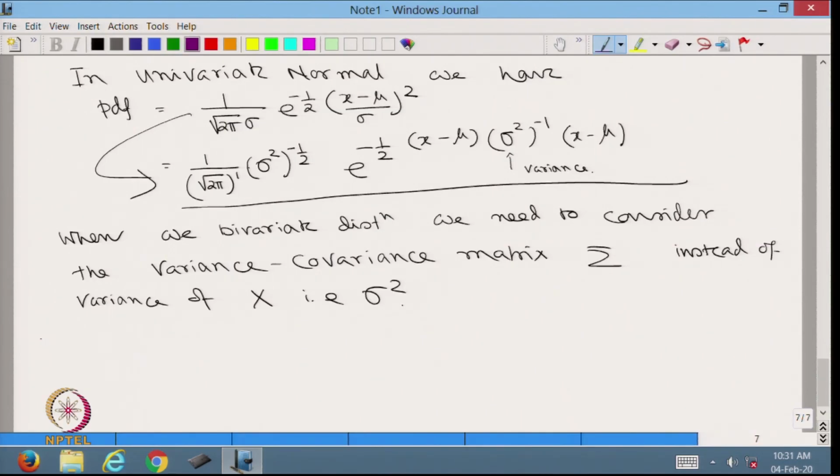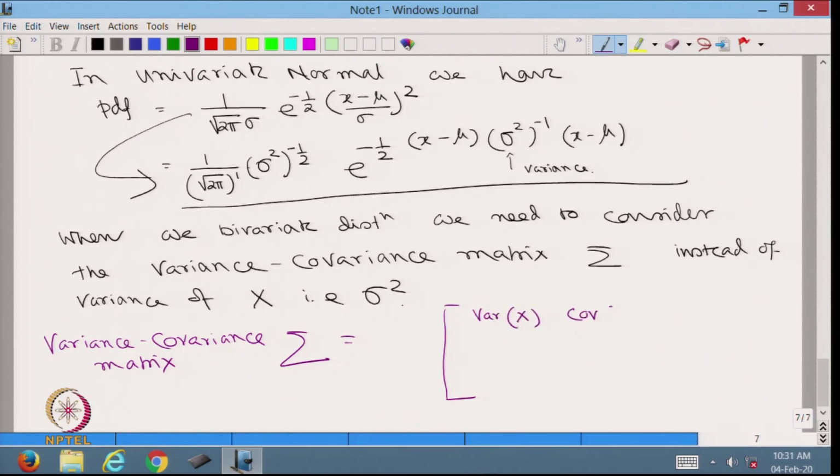Now, the variance covariance matrix sigma is equal to variance of x, covariance between x and y, covariance between x and y, and variance of y, which is of dimension 2 cross 2.